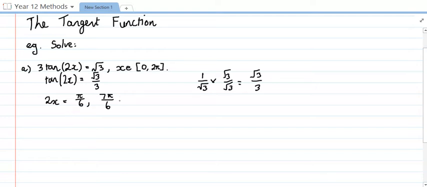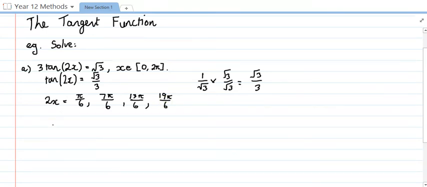So from here, it's just a matter of dividing both sides of the equation by 2. I might actually write down some other solutions here, because this isn't going to be the entire solution. So I'll go back into the first quadrant again, after a full revolution. So it'll be 2 pi plus pi on 6, which gives 13 pi on 6. And we'll also have 3 pi plus pi on 6, which would be 19 pi on 6.